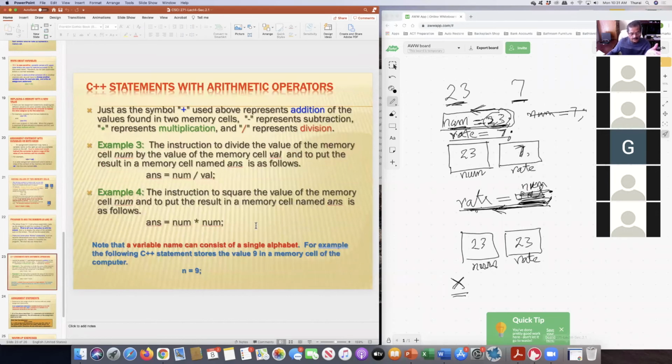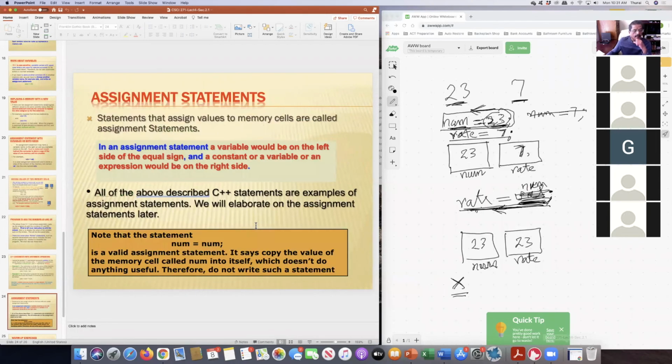They are storing values in memory cells. Any statement that has an equal sign is an assignment statement. In an assignment statement, you will have a variable on the left and an equal sign, and then a constant or variable or expression on the right side. You can have anything on the right side, but the left side can only be a name.